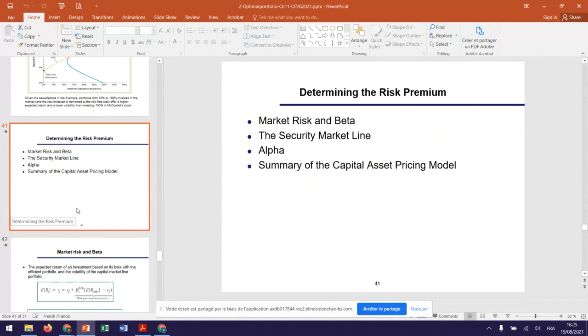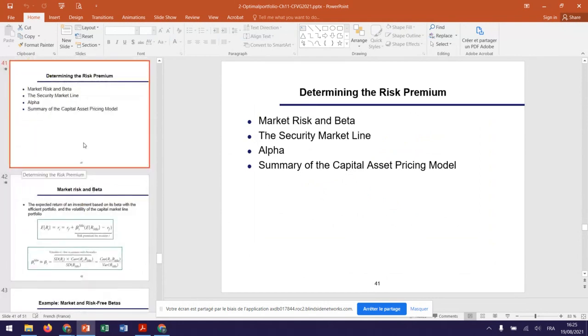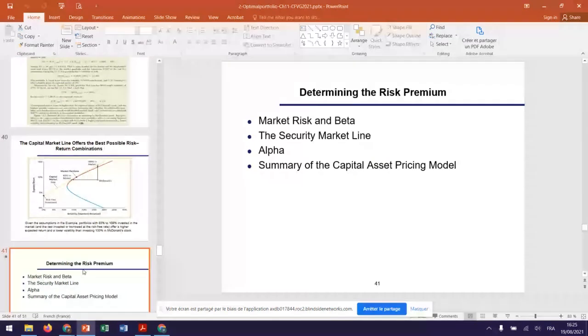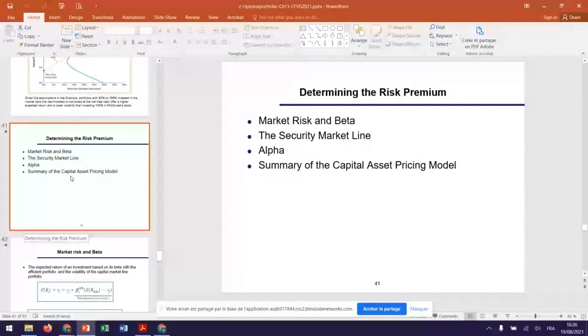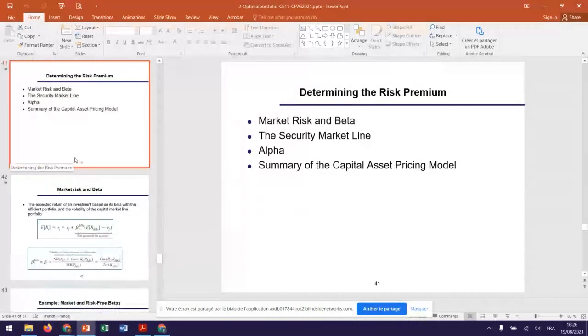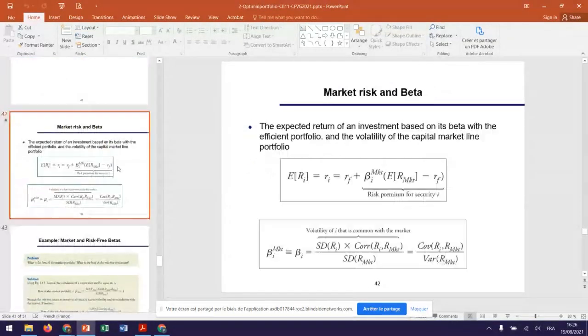We determine a new measure of risk, instead of taking the standard deviation or volatility. We can measure the risk in the form of market risk, which is the beta, the expected return of an investment based on this beta with the efficient portfolio, the volatility of the capital market line portfolio.